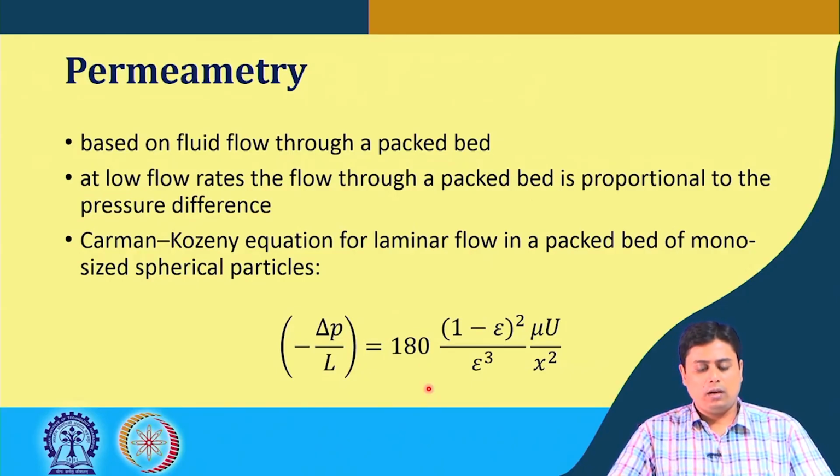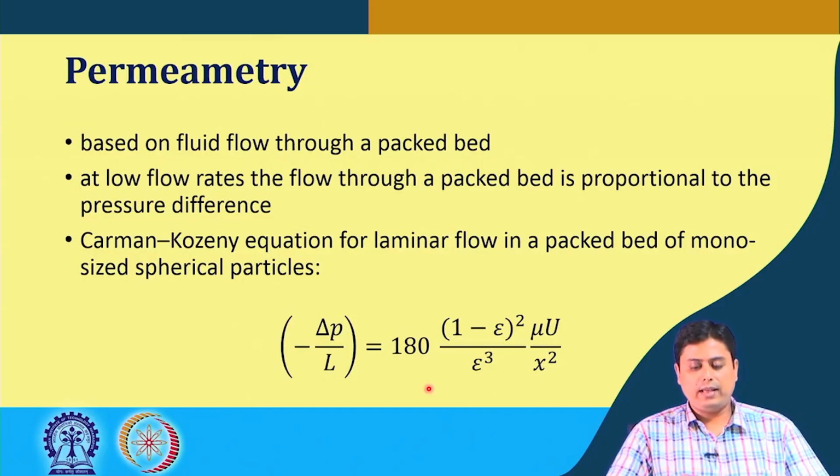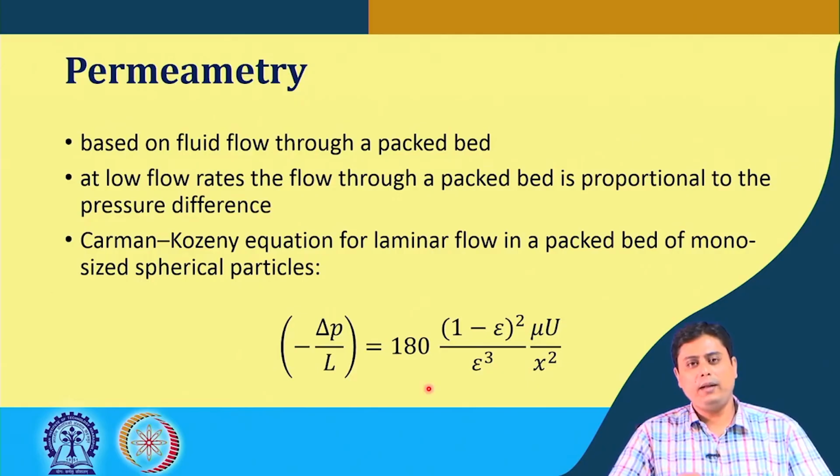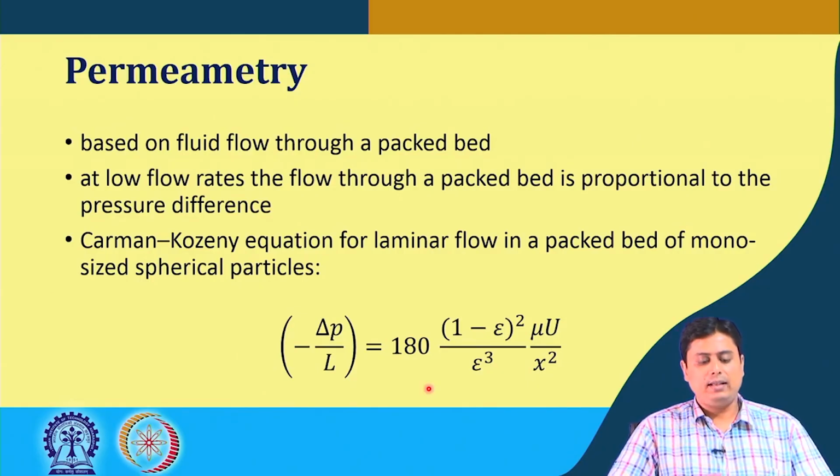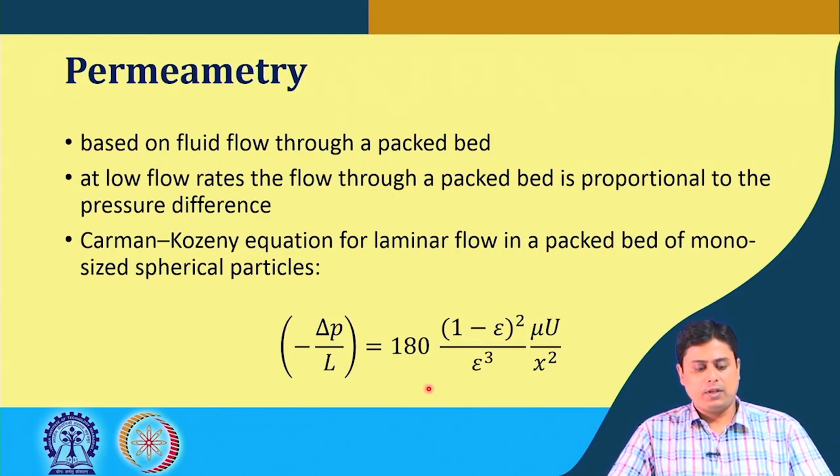Typically, spherical particles are used in the packed bed to simplify the calculation in permeametry, but if the particles are of random size and shape, that also can be determined. We can determine the mean diameter or mean size by this technique.